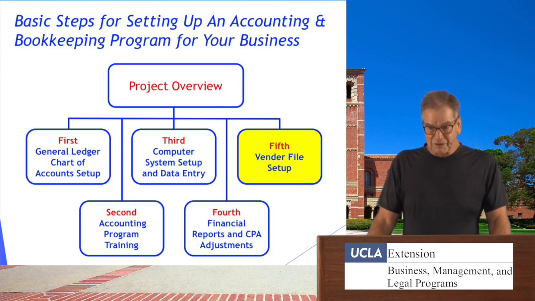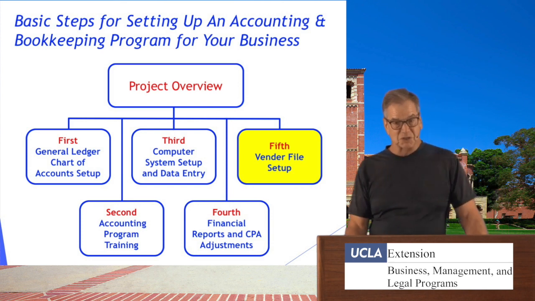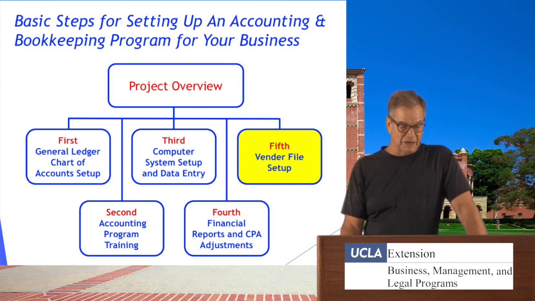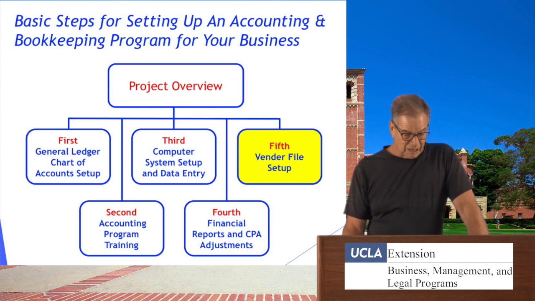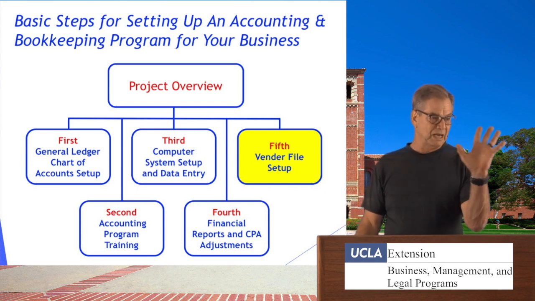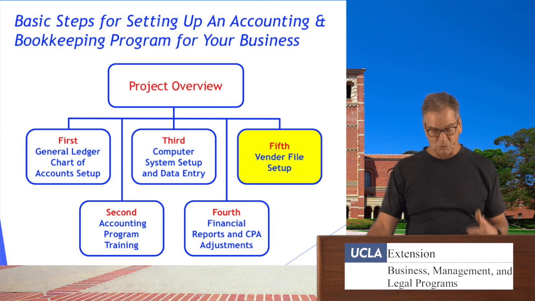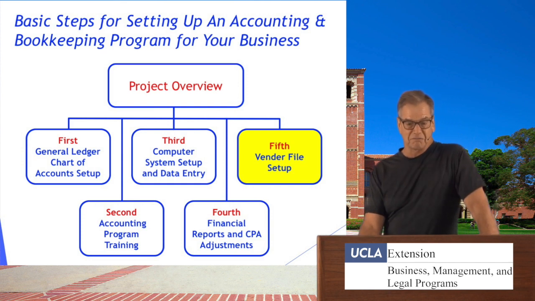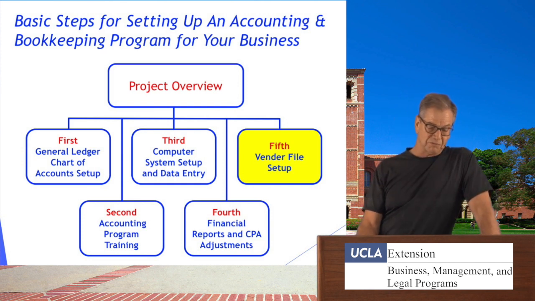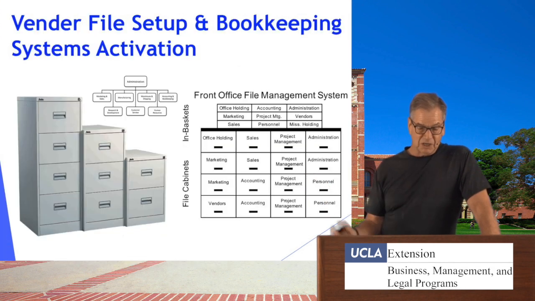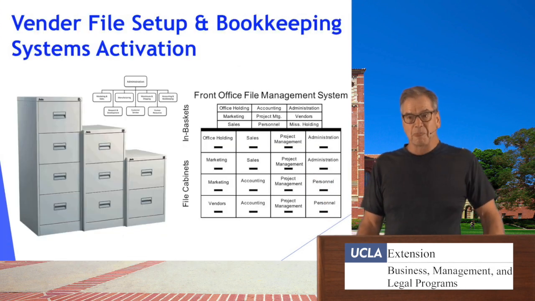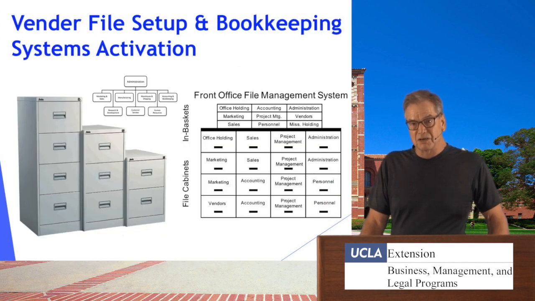Okay, the final part of setting up your books is setting up your vendor files, the paper stuff. All the digital stuff can be backed up onto a disk and filed in terms of backup files from QuickBooks or whatever accounting program you have. But here's where we actually have to have file cabinets where we put our vendor information.